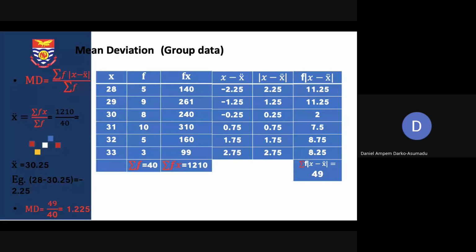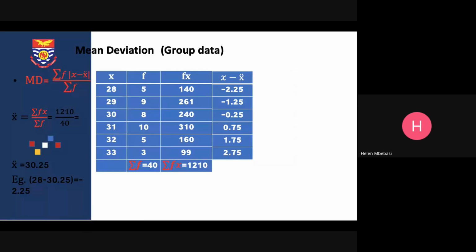Are we clear? Yes, sir. Shall we continue? Please go over it again. My network jammed in the middle. Which part should I go over? Is it the whole thing again, or the point where it went off? Yes, the mean deviation, for group data.